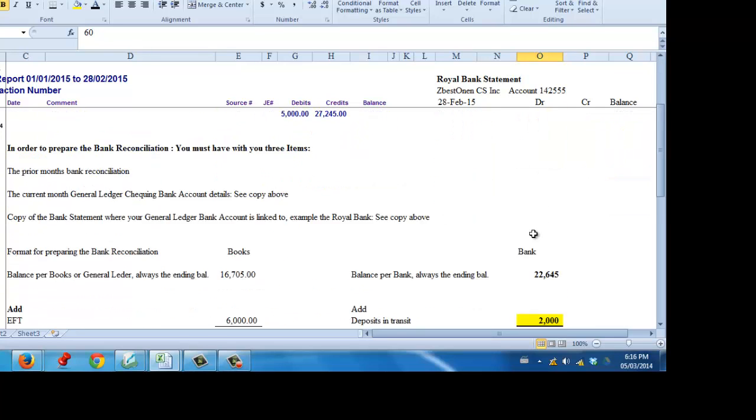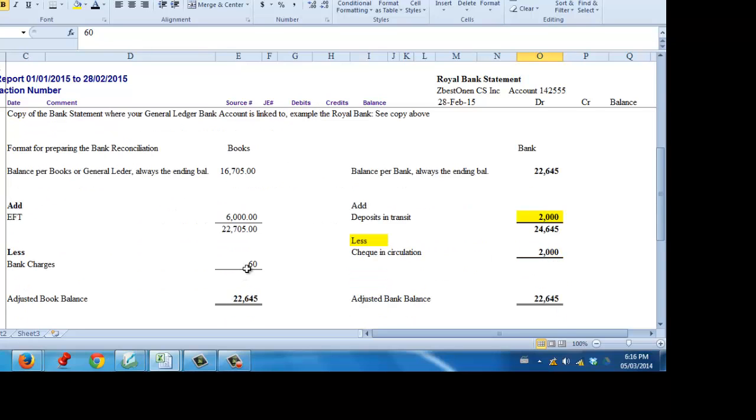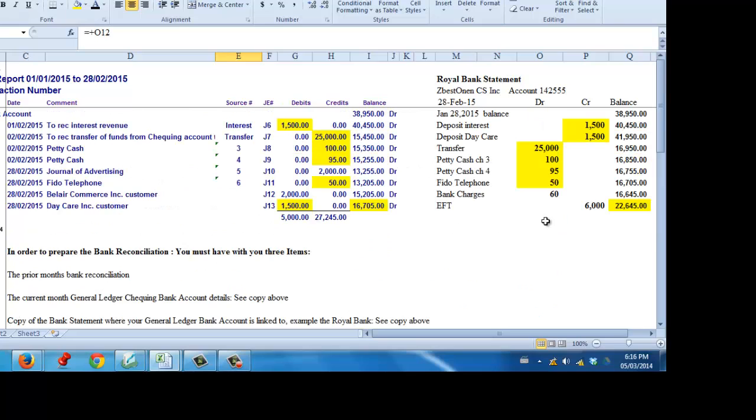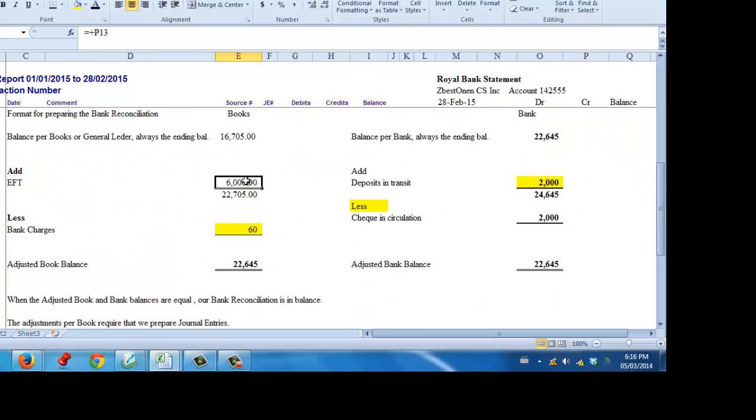Therefore, if the bank deducted it, per books we need to do the same, less bank charges of $60. So now this has been taken care of. In all my credits, these are deposits in the bank statement. There's $6,000, which does not appear in our books because it's an electronic fund transfer. If the bank added the $6,000, we should be adding $6,000 also per books.